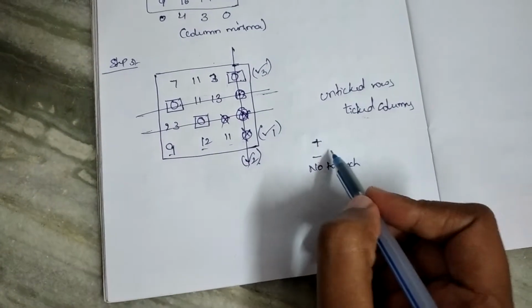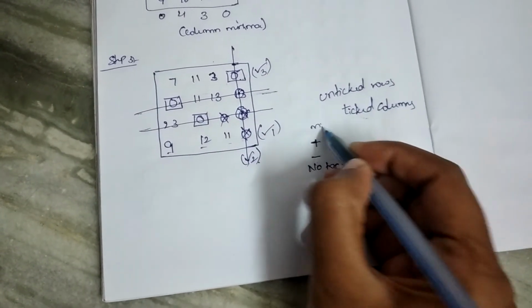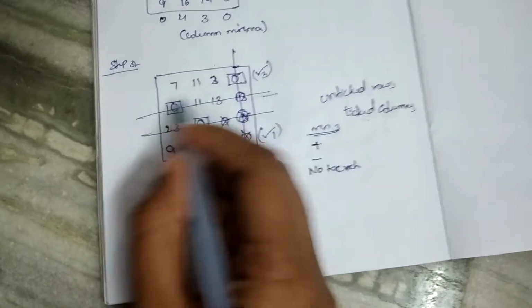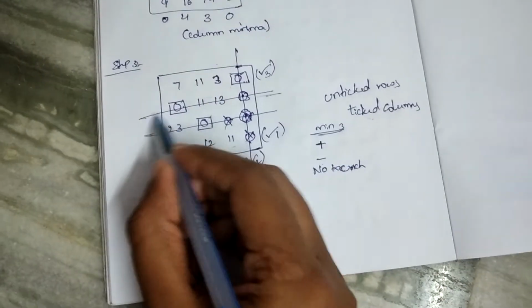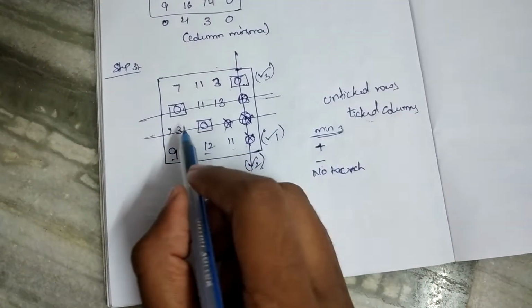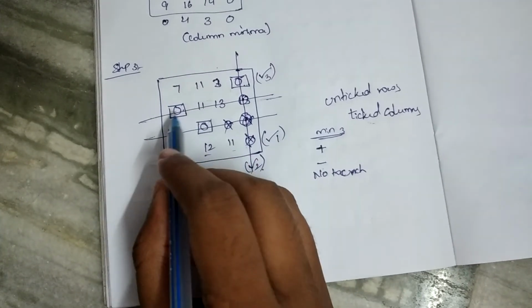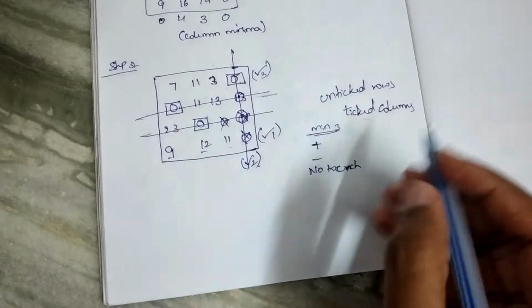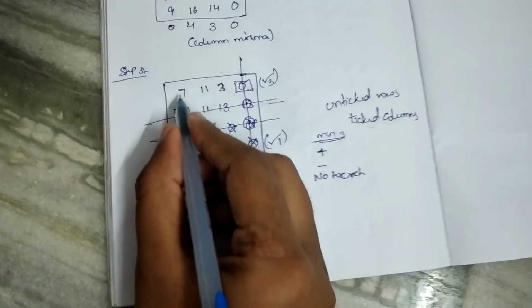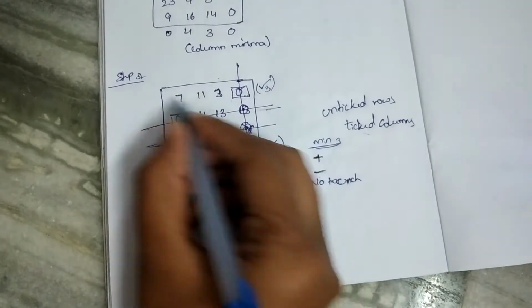We have to subtract 3, the minimum value, from each element. And no touch: the elements through which a line is passing, we don't need to touch.